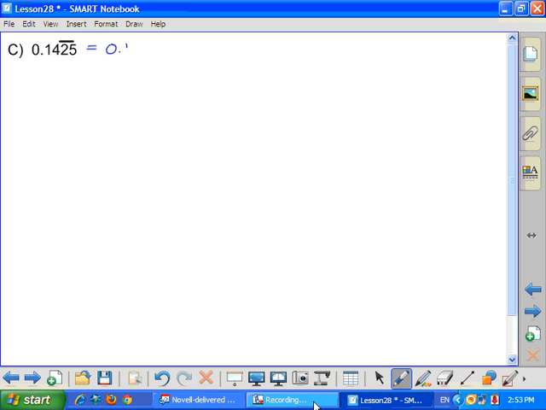So this is 0.14252525. So that means the 14 is being divided by 100. The 25 is being divided by, because the 25 is repeating, it won't be by 1,000, it's going to be by 10,000. And the zeros are going to increase by 2 every time because we have 2 terms on top.